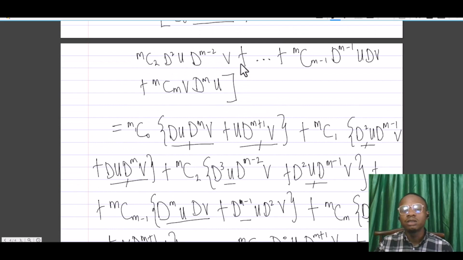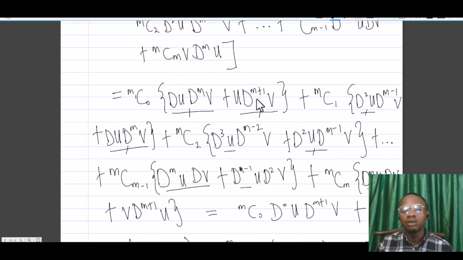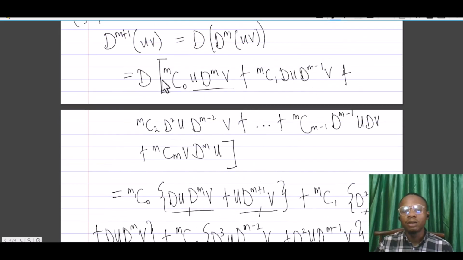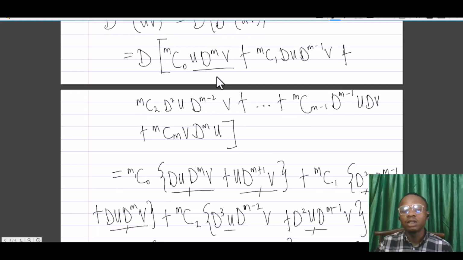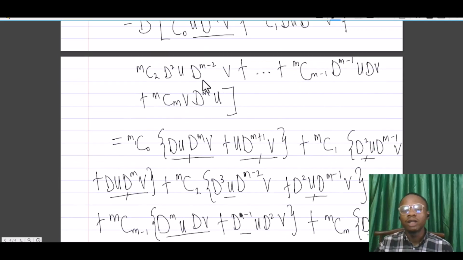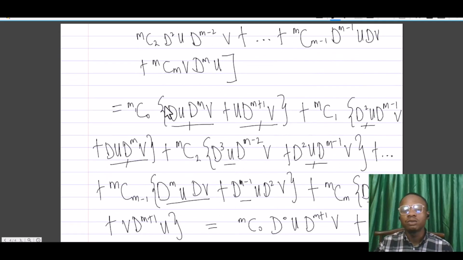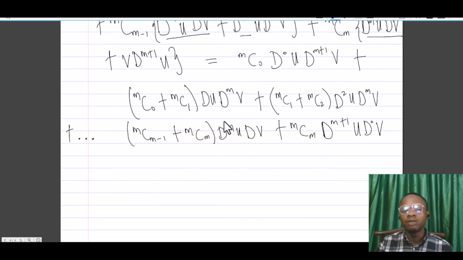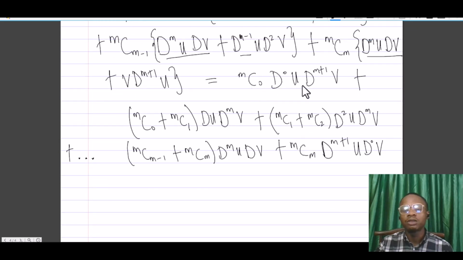That was the m plus 1 we got here. Just like we had the m here, it was the m that we have. And for m combination m also, it was the only one we had. So basically we have the same thing right here, m combination m and m combination 0.